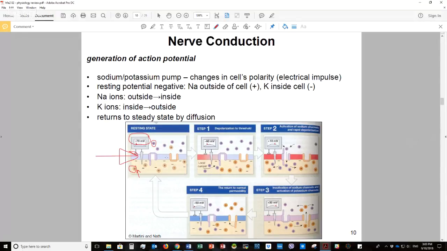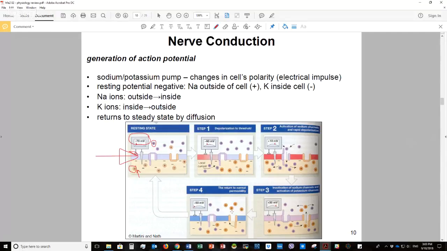So when we have, let's come down here to this lower figure, step 4. When we have this imbalance where the neuron is no longer resting and it's already been depolarized, we need to return conditions to the way they were.